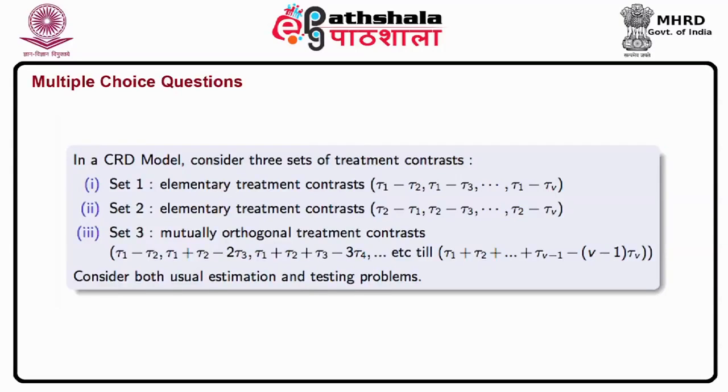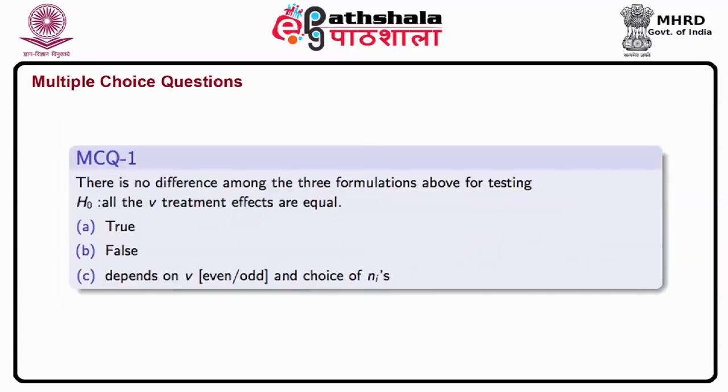So what are the questions? The question is, there is no difference among the 3 formulations above for testing H naught, which is that all the v treatment effects are equal. The options are true, false, or it depends on v, which is even or odd, and the choice of n i's. So we are referring to the CRD model. In the model we have got tau 1, tau 2, tau v.